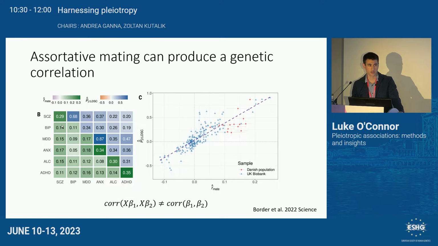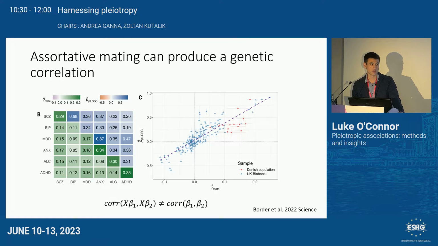I should also mention that assortative mating can produce a genetic correlation between two traits. And this is relevant to the distinction that I described earlier between the correlation between genetic components as opposed to that between effect sizes. Plausibly, you could have two traits with no pleiotropy, no shared causal variants.